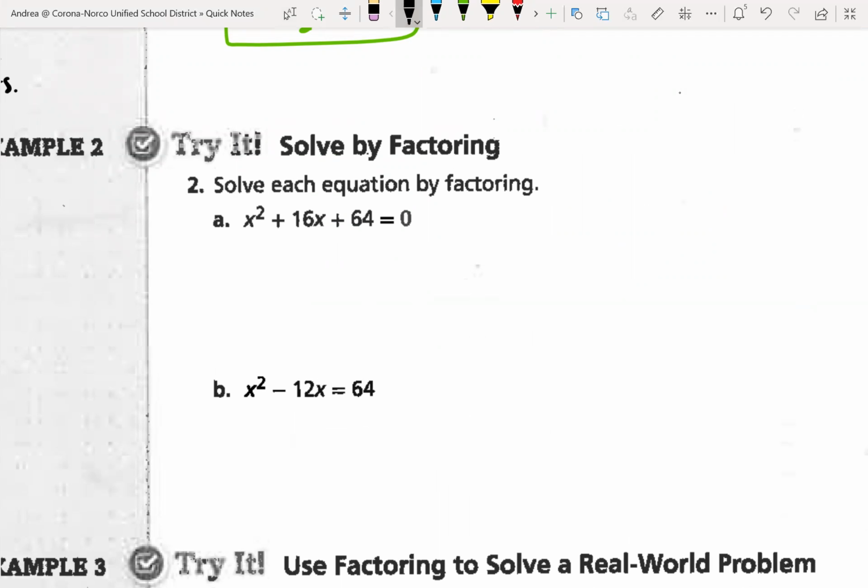Since we're looking for the x-intercepts, we always want it to be equal to 0. Okay, so you need a quadratic equal to 0. This is already set equal to 0, so we're good. We can move on. Okay, the second step is just to factor it.